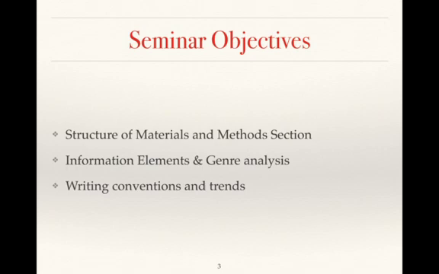You will also be able to organize the method section following a standard layout or moves. You will know how to use conventions such as capitalization, abbreviations, numbers and units appropriately and correctly. And hopefully you'll know how to use academic style in a conventional manner.